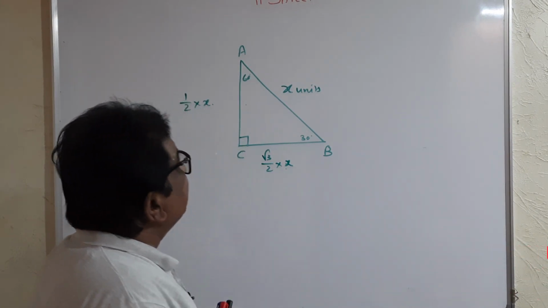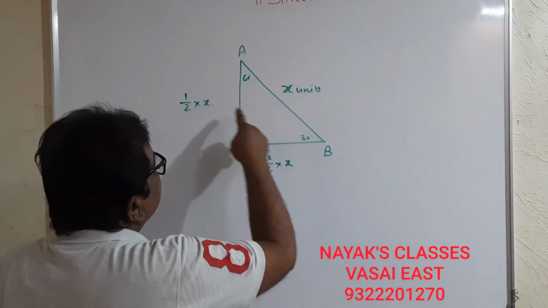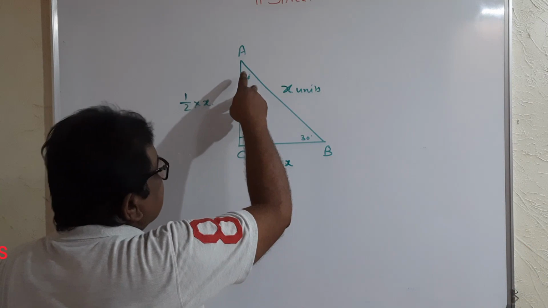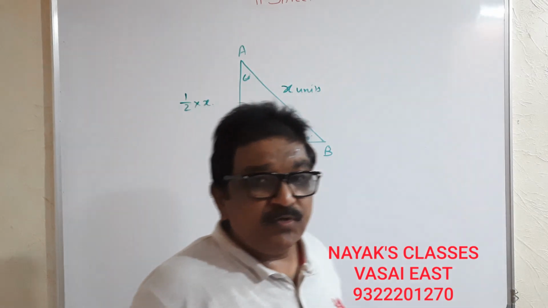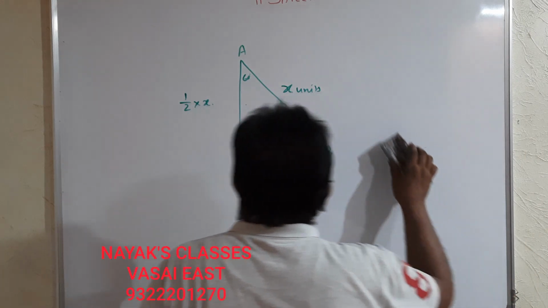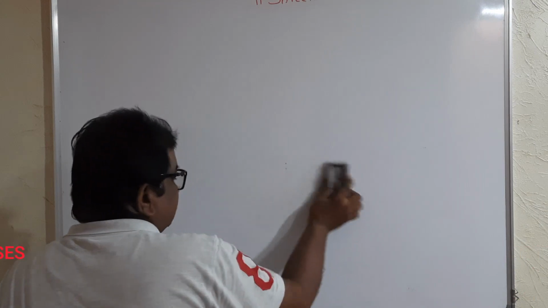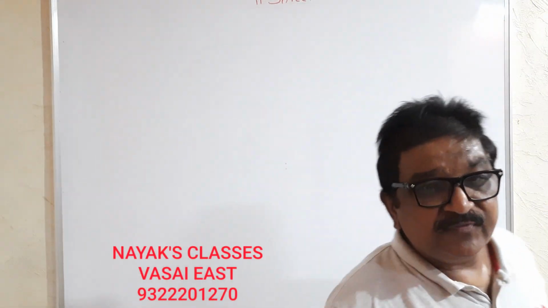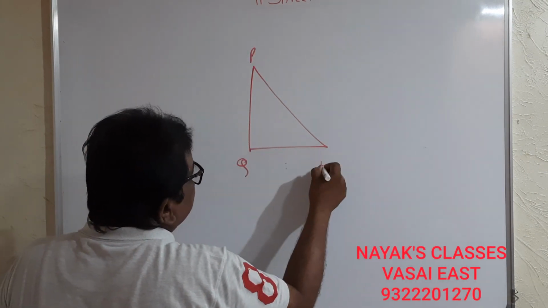So this is called the 30 degree, 60 degree, 90 degree property. Next is 45, 45, 90 degree. Suppose we are given a triangle where P, Q, R are the points.